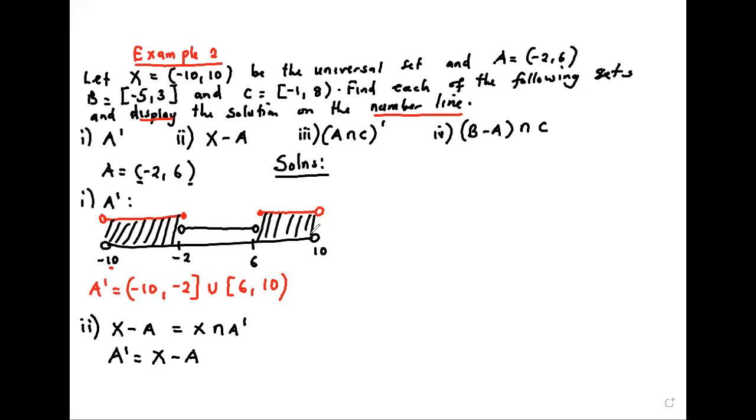If you say -10 to 10, you would have included the part you have left out. So this solution here is exactly what we have up here: from -10 to -2, union 6 to 10. So universal minus a set is just that set's complement.